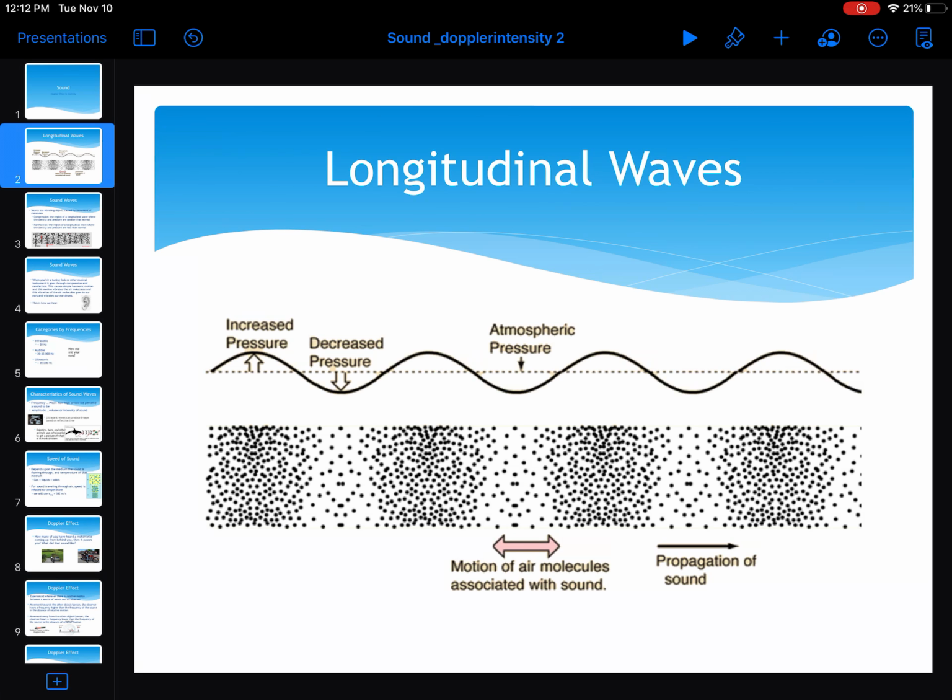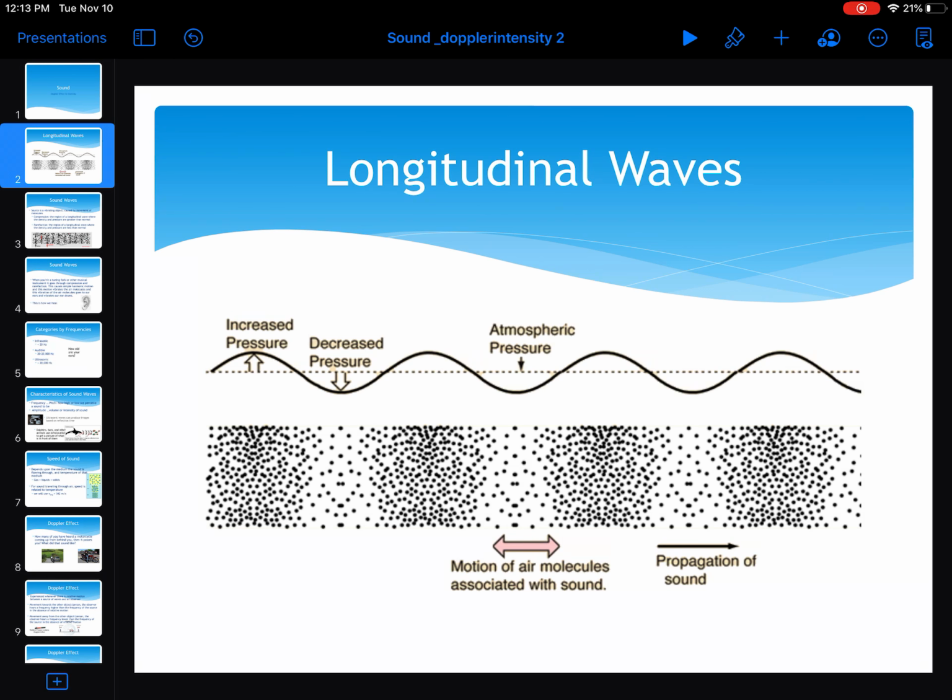So sound is a longitudinal wave, and just to remind you, longitudinal waves have alternating phases of compression and rarefaction. So you can see in the image here that we definitely have areas of very dense air, where the particles are packed in very tightly, and then immediately following that we have a space of very low density.